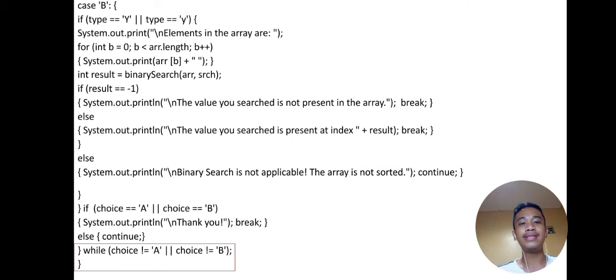So it will skip this code and proceed to while. While choice is not equal to A or choice is not equal to B, the value of our choice is letter B. So B is not equal to A, which is true, or B is not equal to B, which is false.